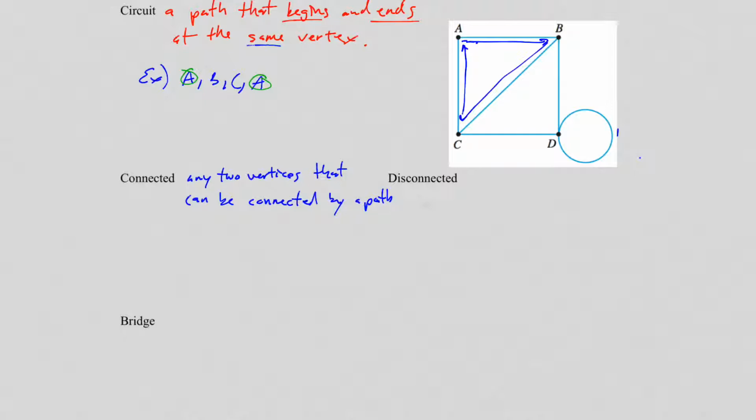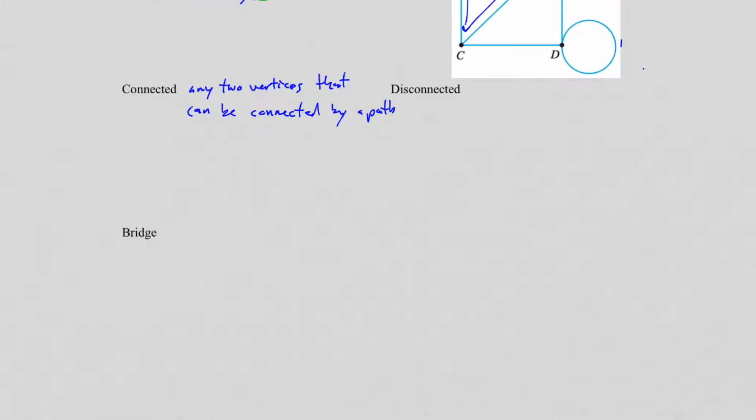There's no path going straight from A to D. You have to go through some other vertices to get to A from D. So you can't be doing this. You can't make up your own path. So those two technically are disconnected.